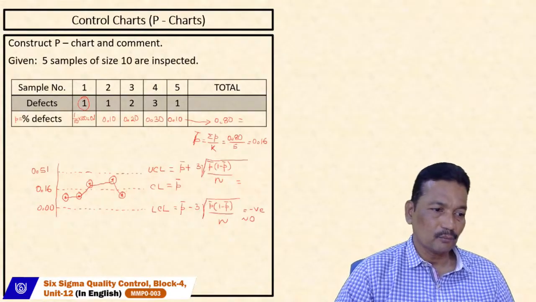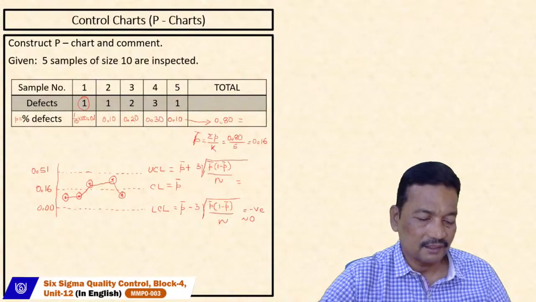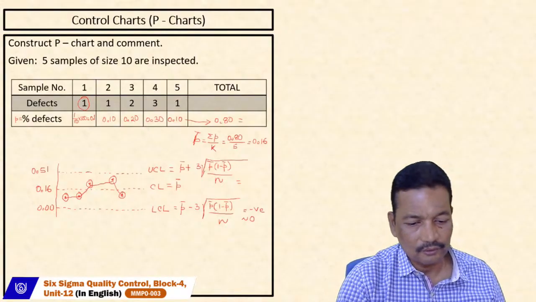So we can say the process is under control. So this is the way we go for control charts.